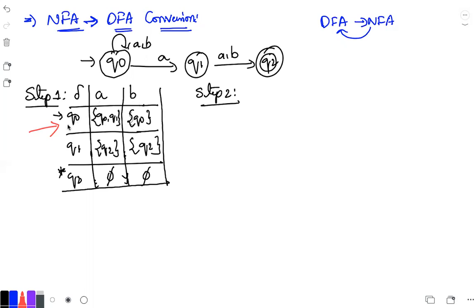Q0 I have already kept in the table, so Q0 is already traversed. Q0 on A, I'm having Q0 comma Q1. In this conversion, what you will do is merge the two states into one hybrid state.